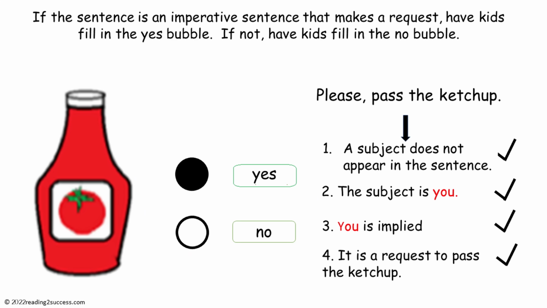Now read the first sentence with kids. Please pass the ketchup. 1. A subject does not appear in the sentence. 2. The subject is you. 3. You is implied. And 4. It is a request to pass the ketchup. So the bubble next to yes is the correct answer and is filled in.